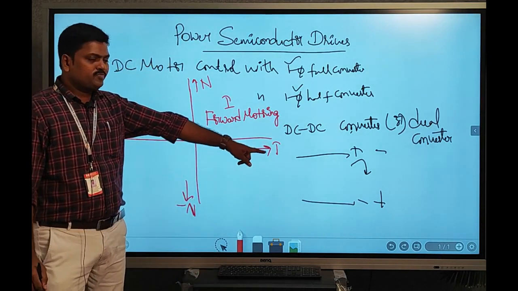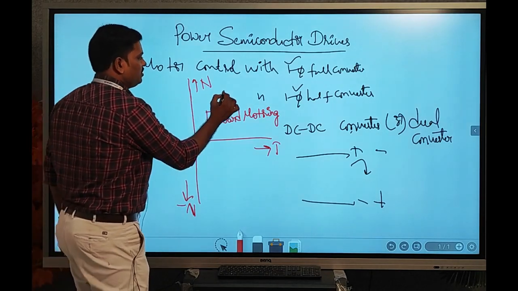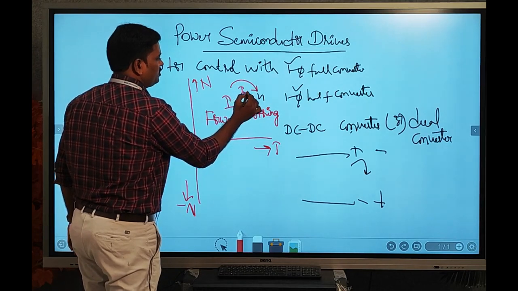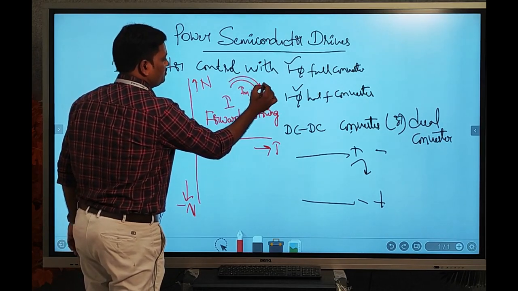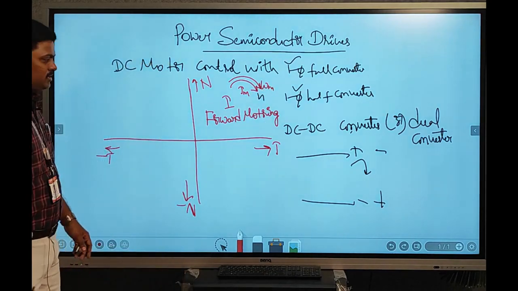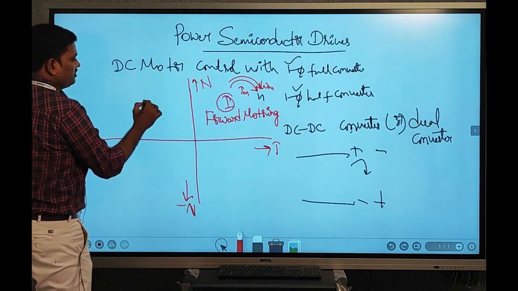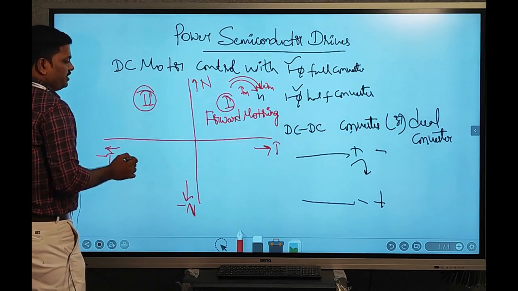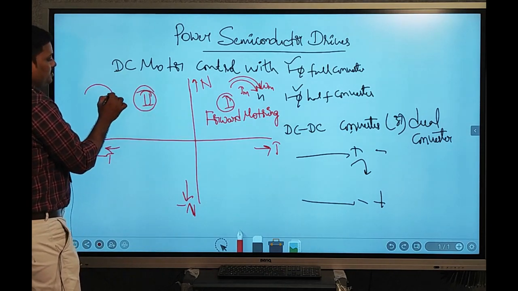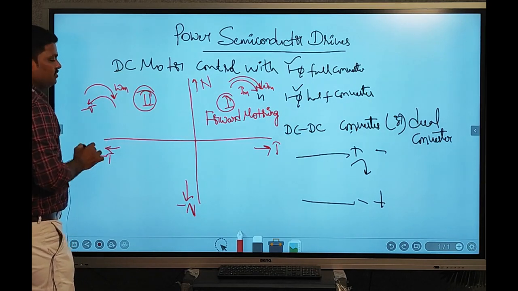That means torque is positive, speed is positive. This is the direction of motor torque, this is the direction of motor speed. Forward motoring. This is quadrant 1. This is the second quadrant, where torque becomes negative but speed is positive.